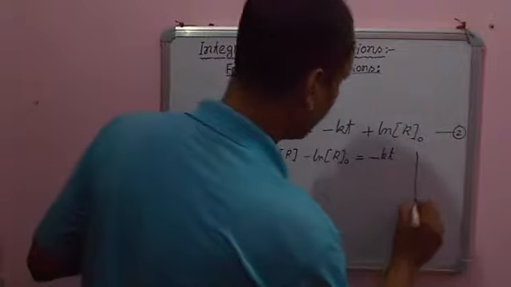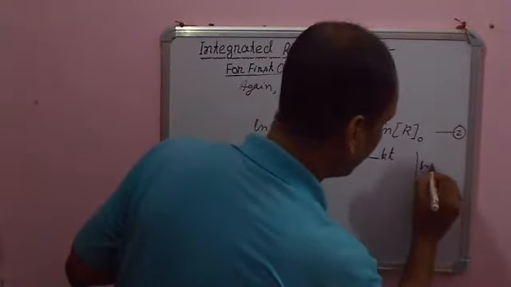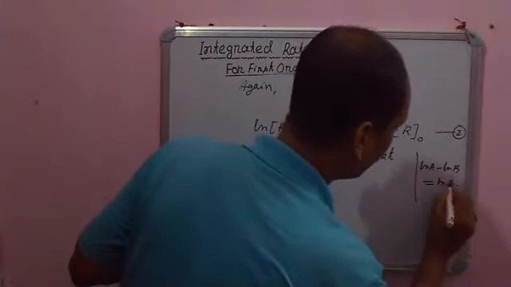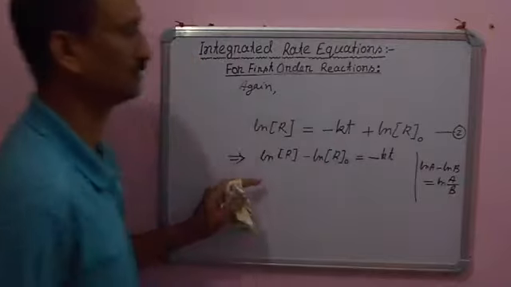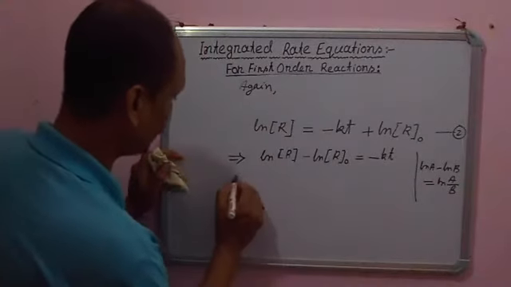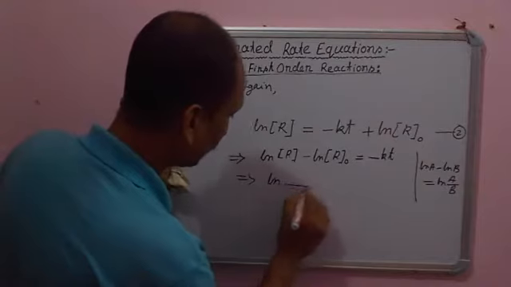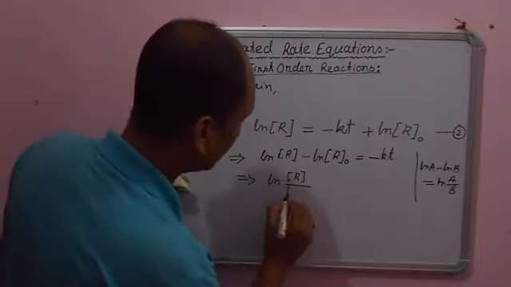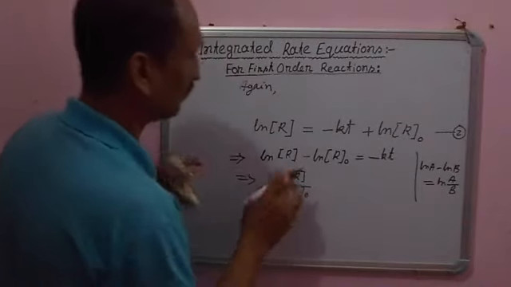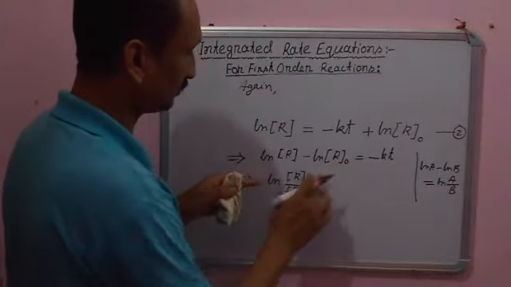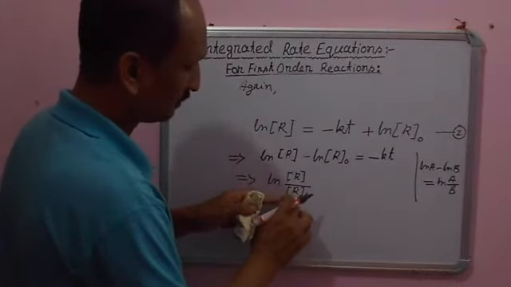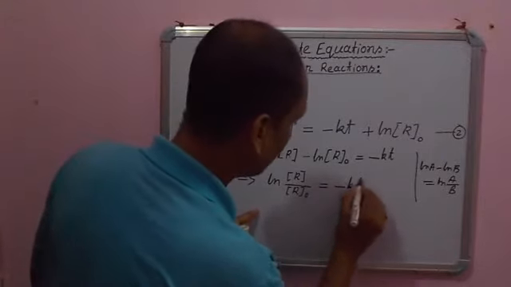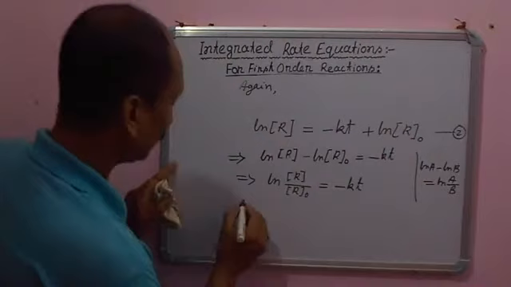And there is again one formula, that ln of A minus ln of B is equal to ln of A by B. So if you apply this here, then ln of R minus ln of R naught will be equal to ln of R by R naught, which is equal to minus kt.